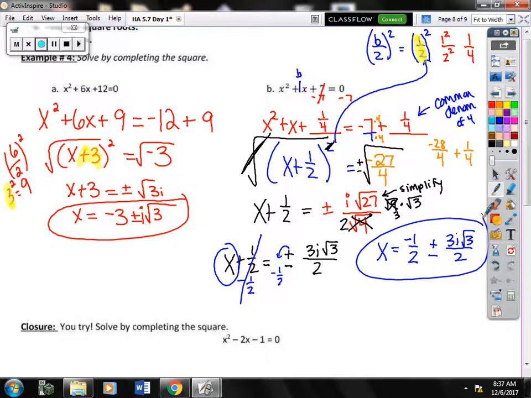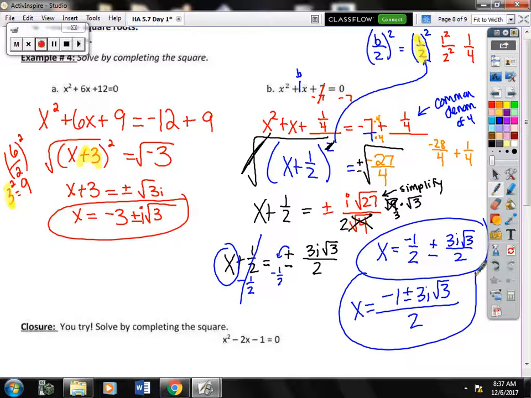The book answers, which are posted on my classroom, sometimes they'll rewrite this as one big fraction. So they could write it as negative 1 plus or minus 3i square root of 3 all over 2. That's the same thing, just splitting it up. So I don't care which way you write it, but just make sure you realize those are the same things.